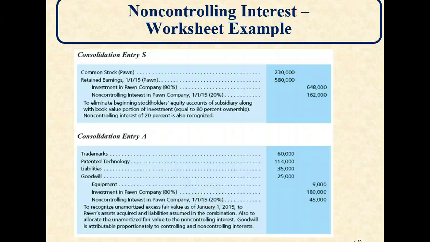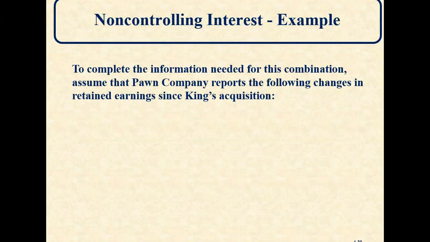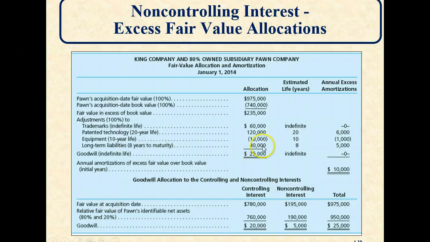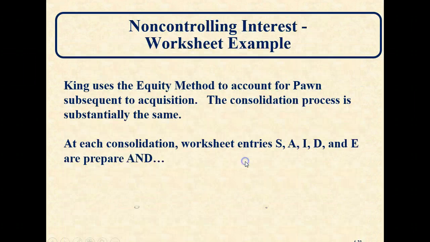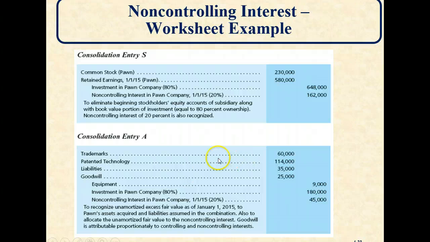So we saw back in this one area, it showed us the trademarks were increased 60, the technology increased to 120, equipment decreased 10, the long-term liabilities increased 40, and then our goodwill of 20. So we're going to show this A entry to show the increase of book over fair. So we increase our trademarks of 60, we increase our patented technology, our liabilities, our goodwill.